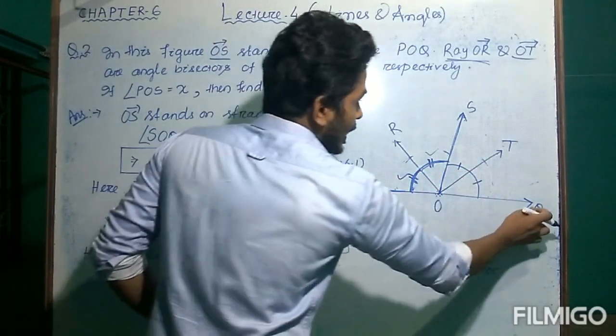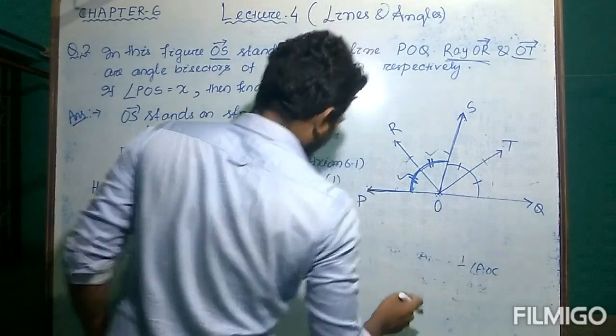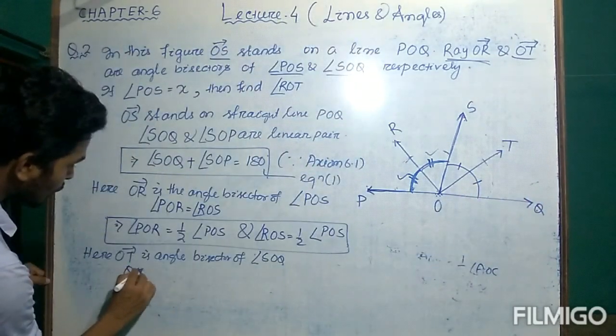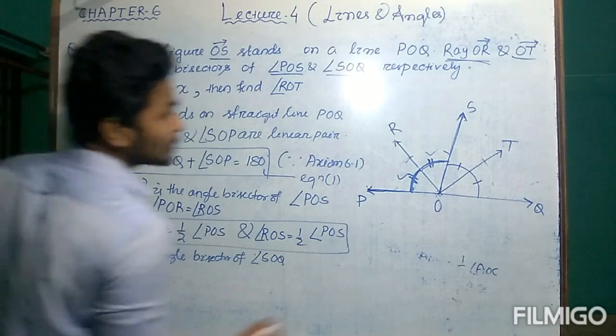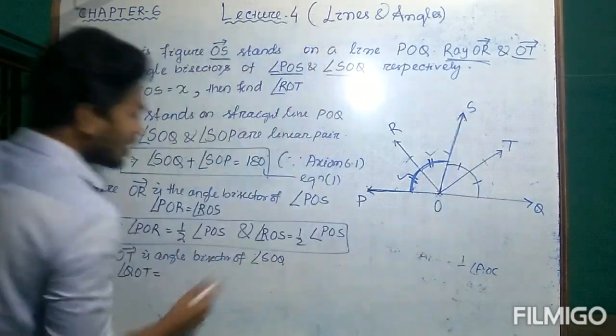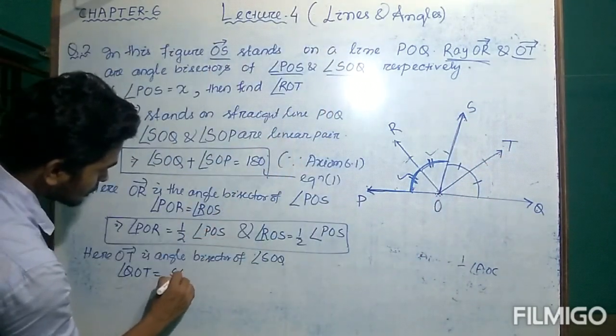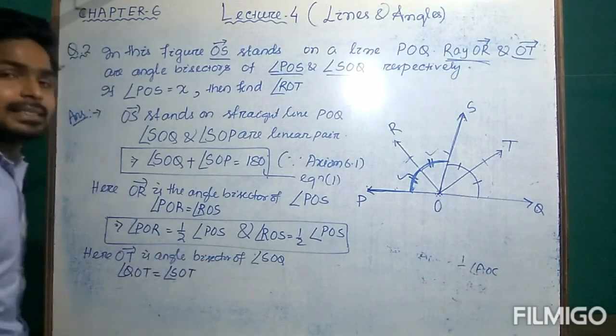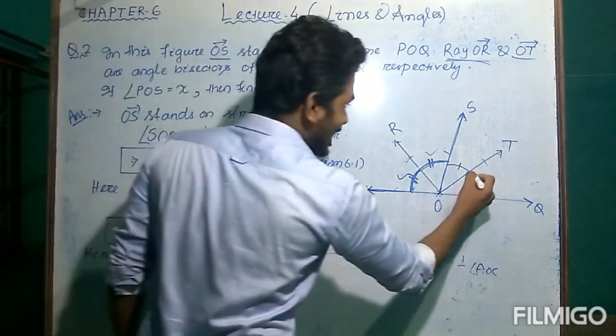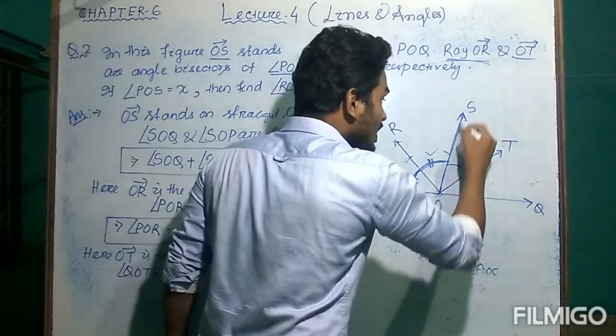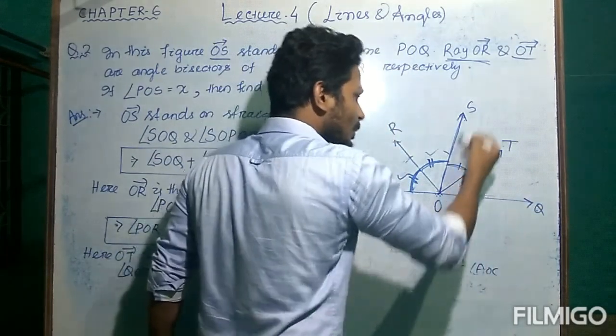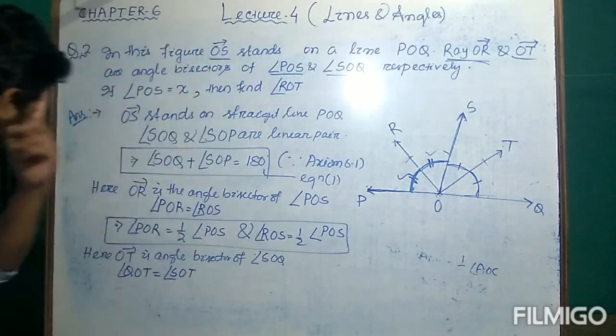So you can write QOT is equal to SOT. Right? And this half is equal to half of the total angle, and this half is equal to half of the total angle. Okay?